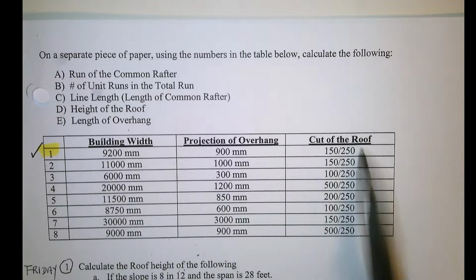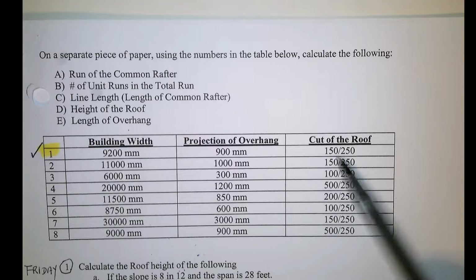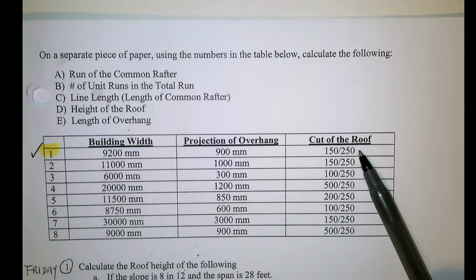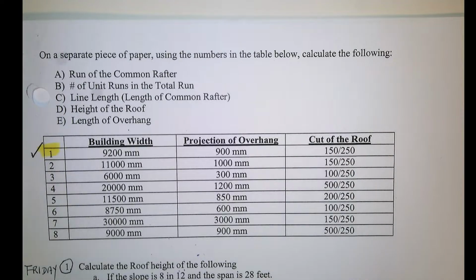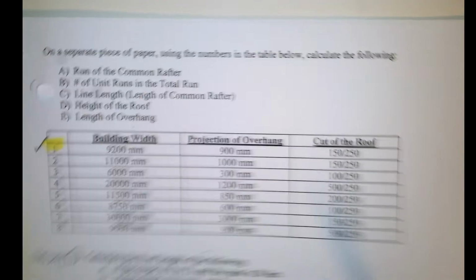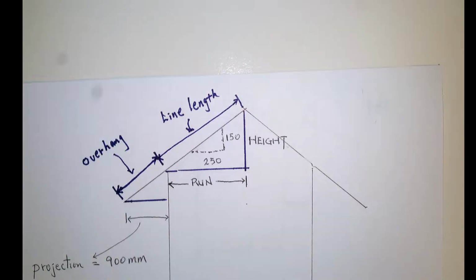The cut of the roof means the slope of the roof, given in the proportion or in the ratio of 150 over 250. So for every single question, you start with drawing a diagram. So I'm going to move this out. This is question number 1.